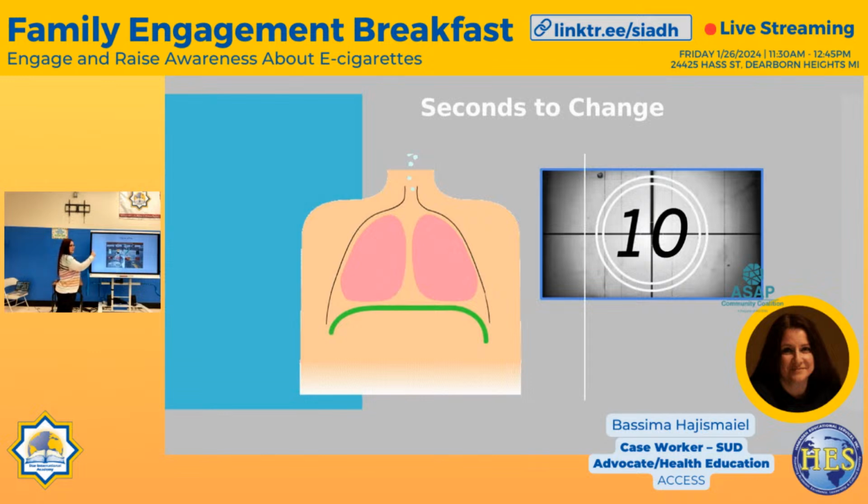A puff bar, anywhere up to 50 cigarettes, depending how much they pull. And then there's this one, which not many people use anymore, but people still do. It could be up to 90 cigarettes. So that whole thing about, oh, I quit smoking because now I vape because it's less smoking, that is not true.